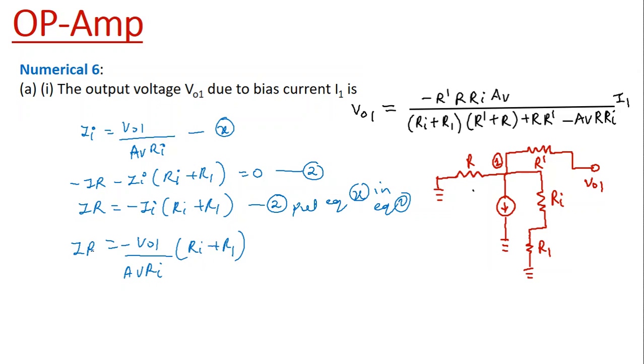From this equation we can find I. I will be equal to minus VO1 divided by AV Ri into R, whole multiplied by (Ri plus R1). So this is our equation number Y.